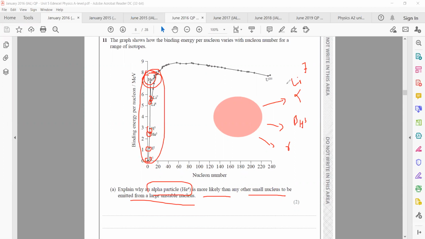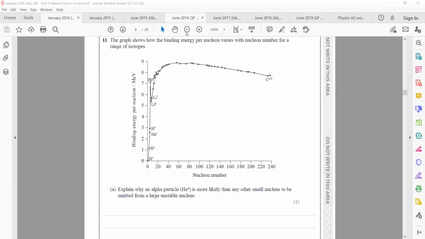That is why, when the radioactive nuclei disintegrate or decay, it is more likely to emit helium 4. As you can see, on the lighter side this has the highest binding energy, so it is a more stable nucleus. Is it clear?